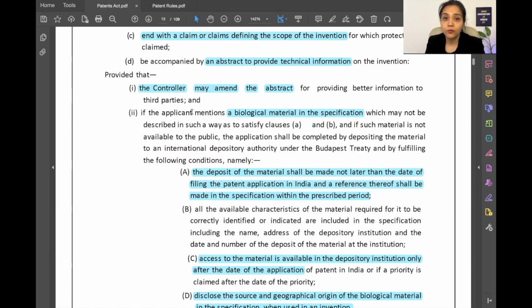So the purpose of publishing the abstract is that third parties can come and read through the abstract and then figure out whether they want to read the full application or the specification or not, whether that specification is relevant to them or not. So in order to provide better information to third parties, the controller may amend the abstract, and maybe in the examination also, the controller may ask the applicant to amend the abstract.